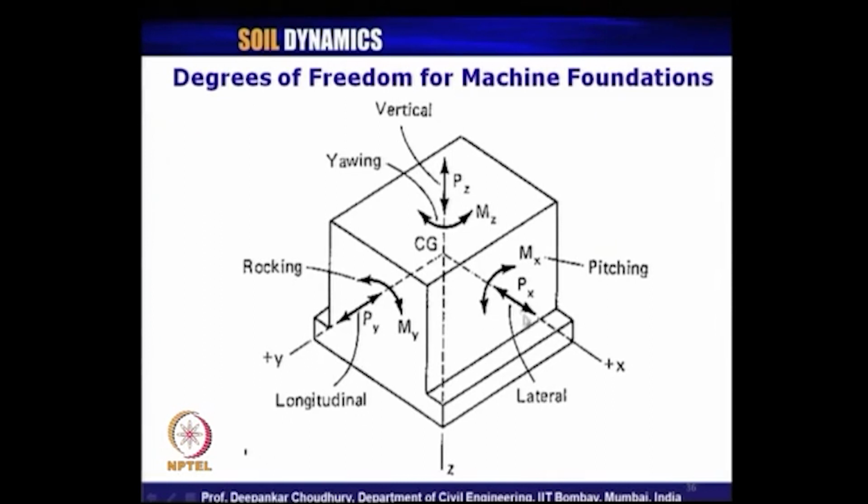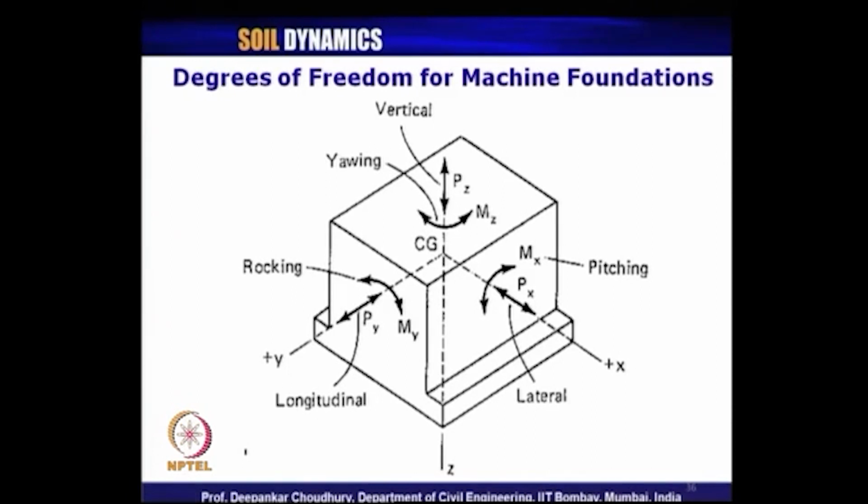Otherwise, both of them can be called horizontal vibration or sliding vibration or lateral or longitudinal vibration. So, these are the common terminologies you should remember, and this one is vertical vibration. Now, these three are the translational vibrations.